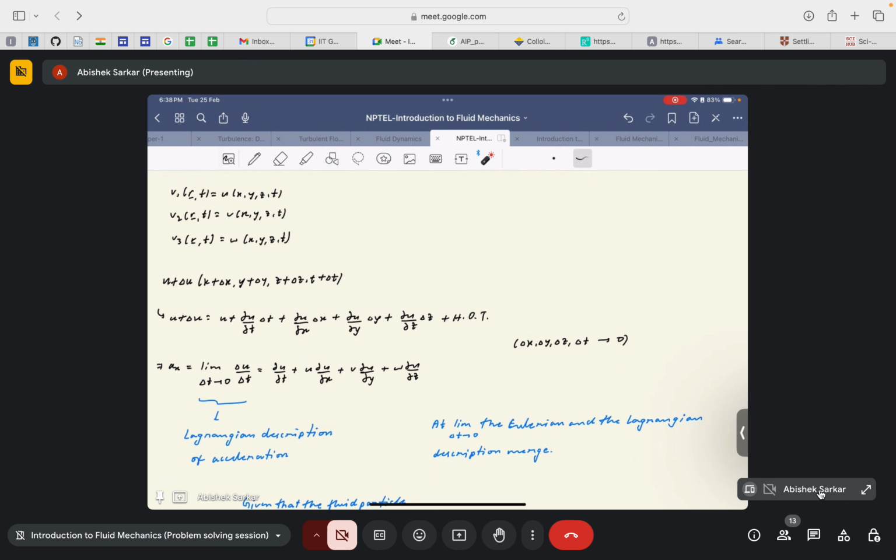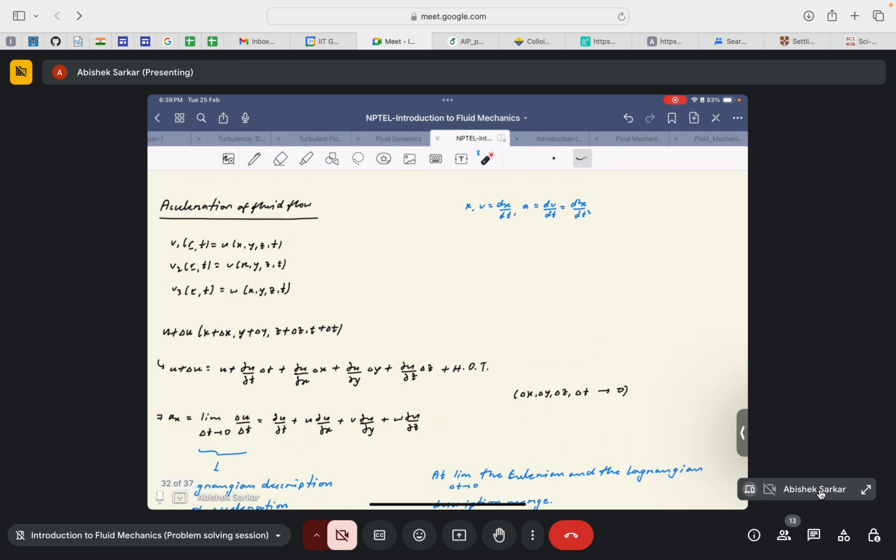Let us consider that u, the x component of velocity, at a particular time is a function of x, y, z and t, its coordinates and the time at which it is measured.